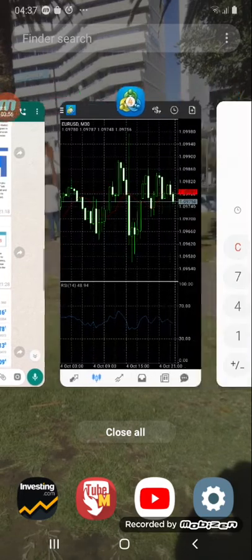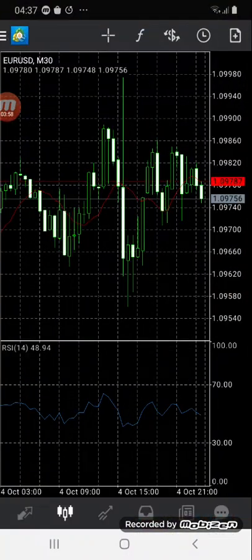In regards to pips, pips are the last numbers after the comma. In order for you to calculate how much the market is going to move, if it's a buy, you start from bottom to top. If it's a sell, you start from top to bottom.